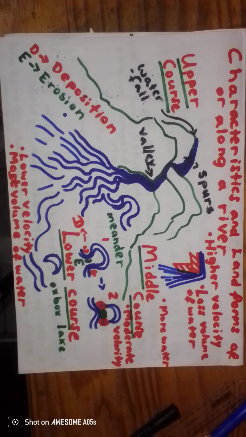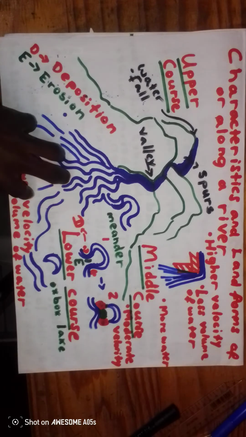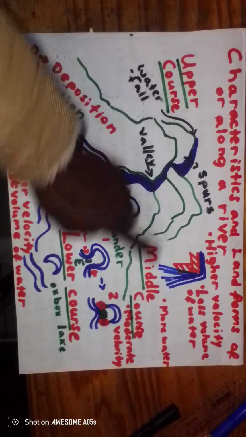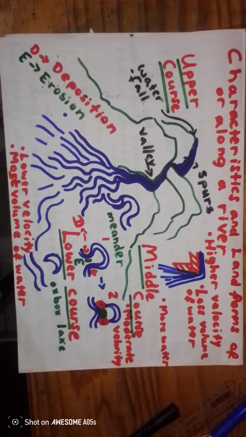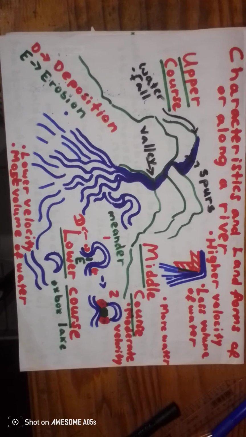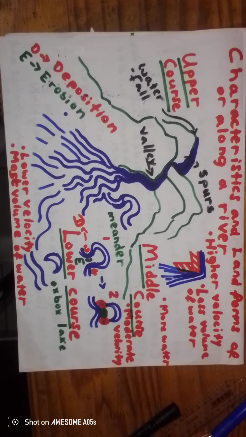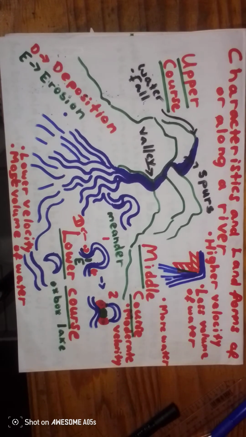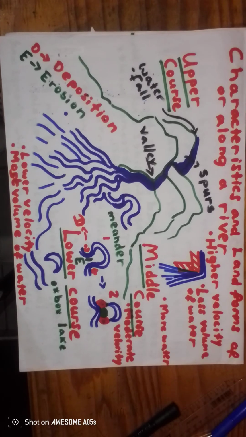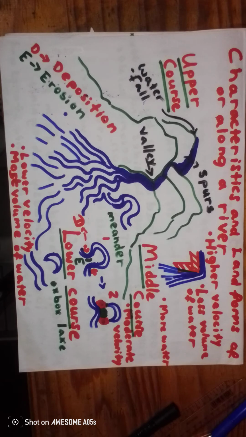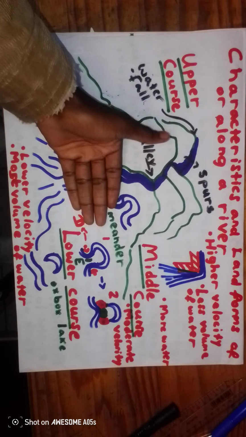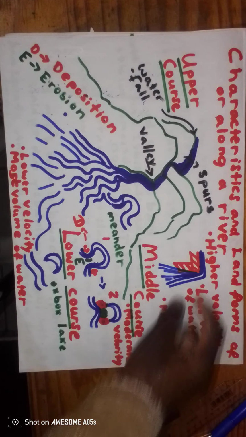As you can see, in the lower course I have more water compared to both areas. That means it has a lower velocity and a gentle gradient. Gentle gradient just means that if you compare here, it looks flat, but here it's like a hill.